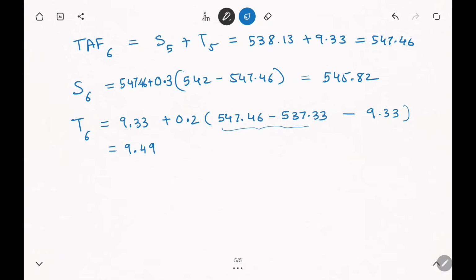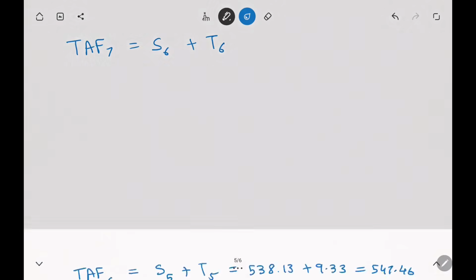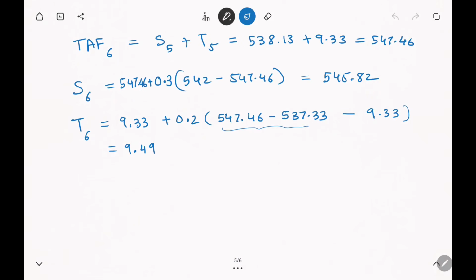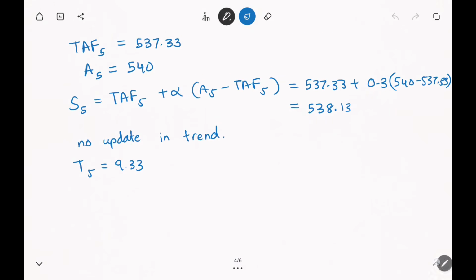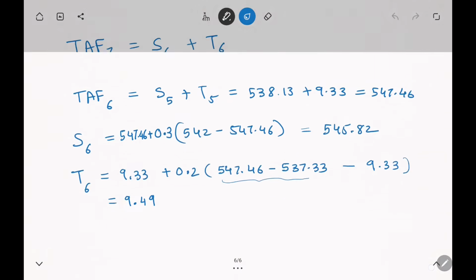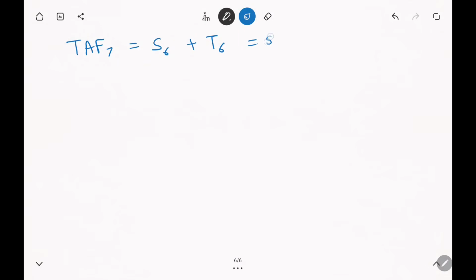For time period 7, again we'll calculate the trend adjusted forecast. So TAF of 7 will be equal to S6 plus T6. So it will be 545.82 plus 9.49, which is 555.31. Okay, now the actual value is 558, which is higher than the forecast.